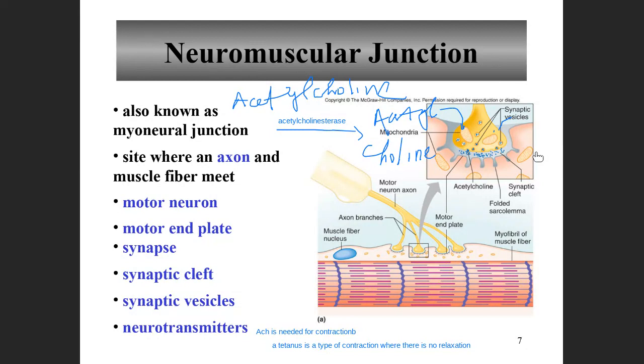If you want, I can cause it to contract more and more and more. What I mean by that is there's an increase in the strength of contraction. Okay. So the question is, what are the ways to increase the strength of contraction?